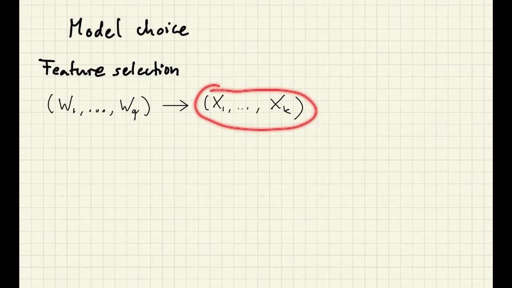So we have our predictor W1, and now I'm also allowing for the possibility of more than one variable that is used for prediction, and we are transforming these predictors into features x1 to xk. Once we have extracted the features, we have to decide how we want to use those features for prediction, and this is what we could call model choice.